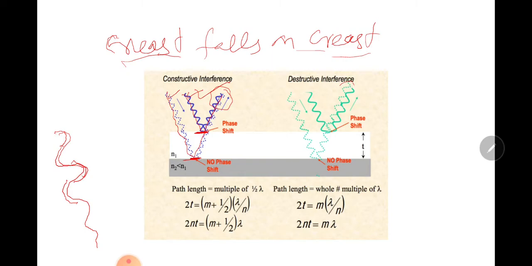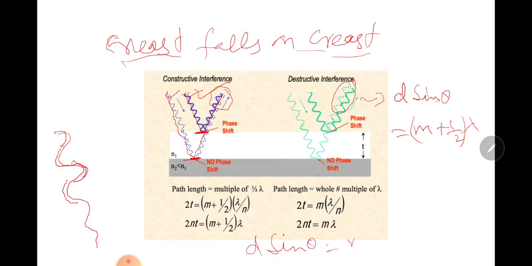If you look here, they will interfere destructively because crest falls on trough. So for the destructive interference, the condition is that the path difference, which is d sin theta, will be equal to (m plus 1/2) lambda, and for constructive, d sin theta will be equal to m lambda.